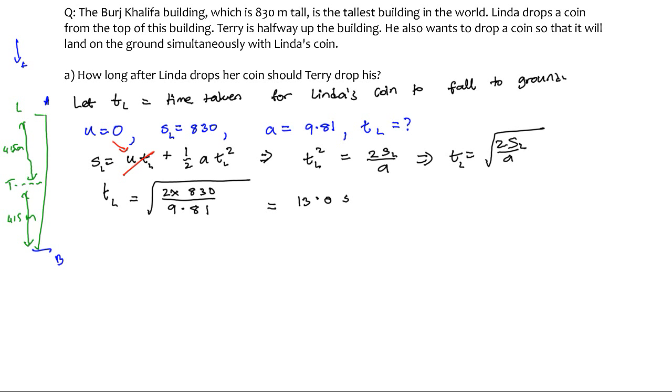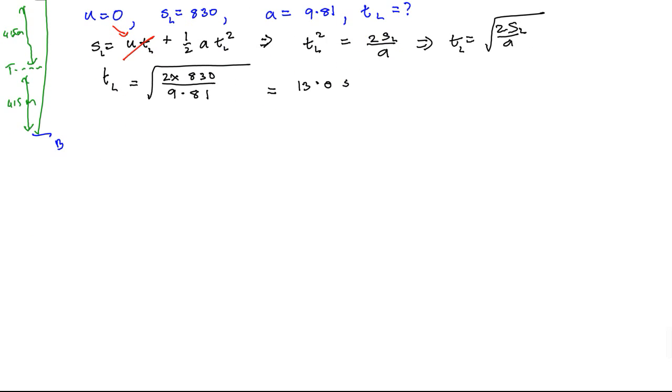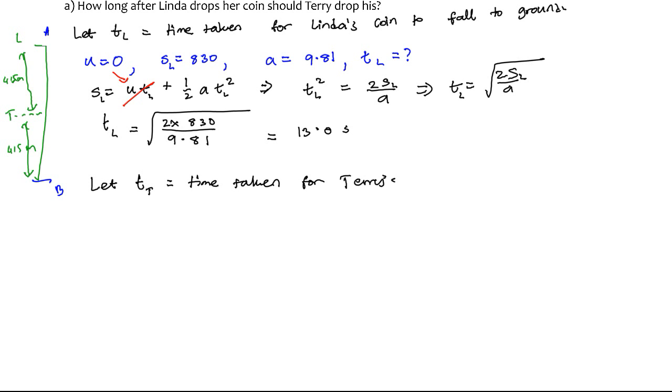Now what I'll do is the same thing for Terry. I'll find how long it takes for Terry's coin to drop to the ground. So let t be equal to the time taken for Terry's coin to fall to the ground.